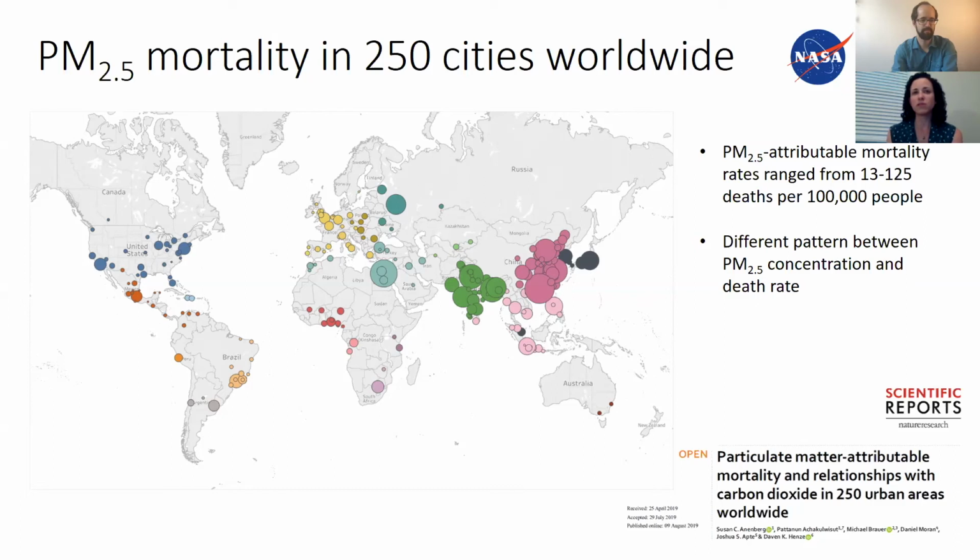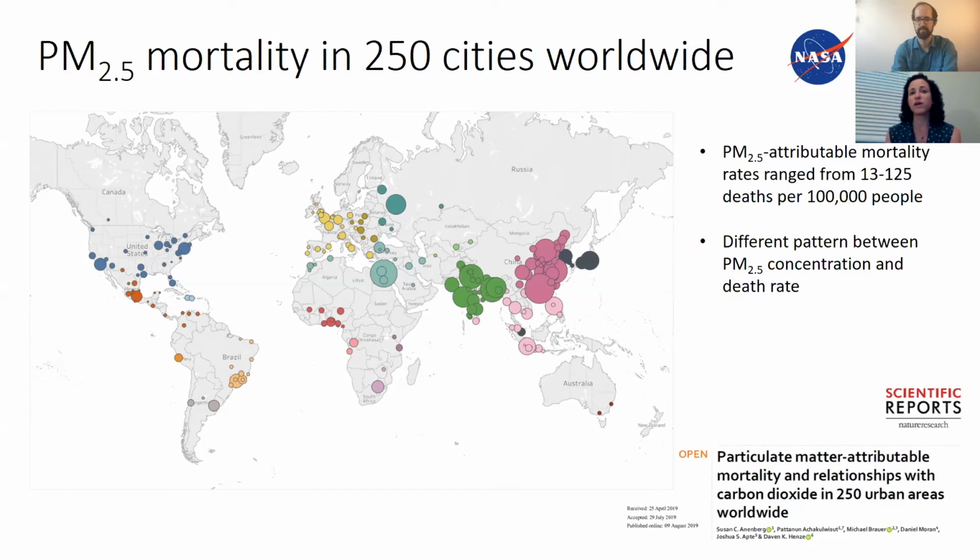But what we found that was interesting was that PM2.5 attributable mortality rates, that is per 100,000 people, ranged by a factor of 10 worldwide. So what this indicates is that some cities are doing much better than other cities in terms of lowering their PM2.5 mortality.